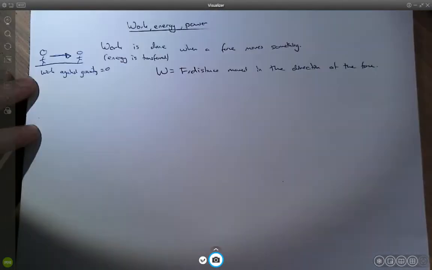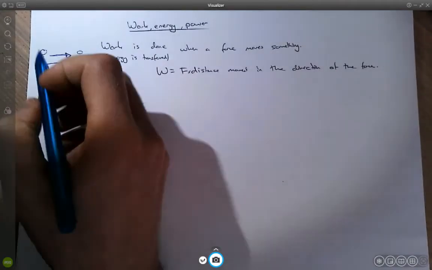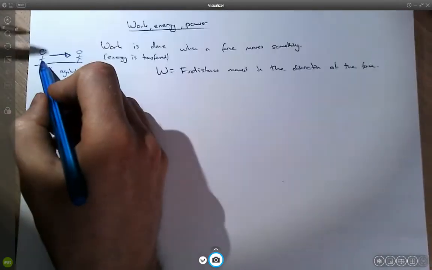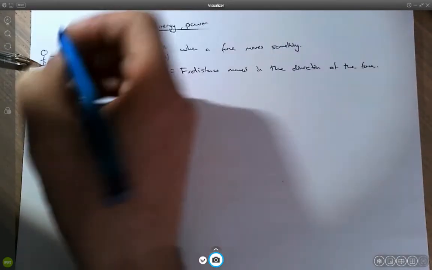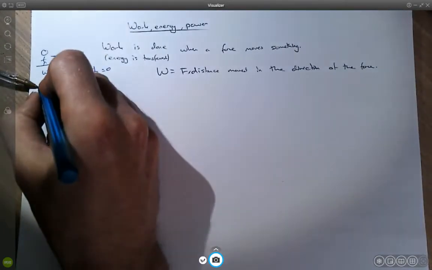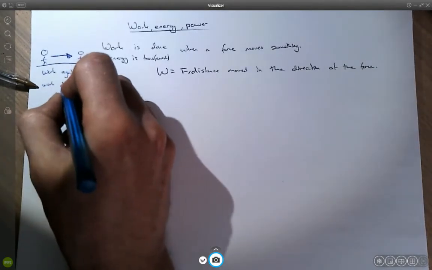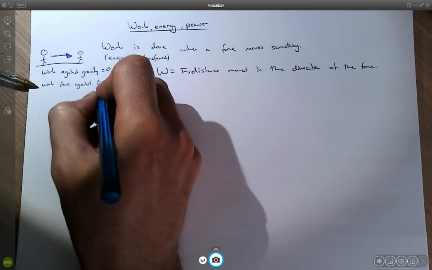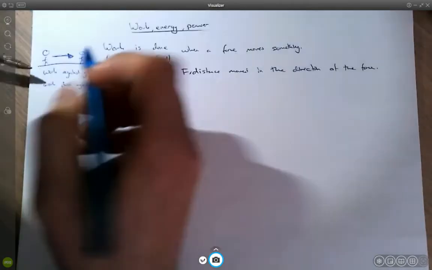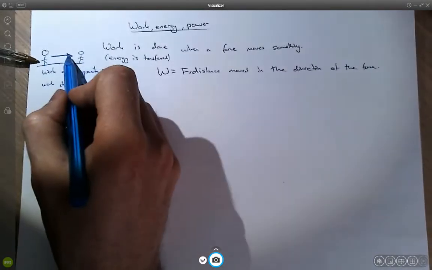They haven't done any, so the work against gravity is 0. But they have obviously done work because it has taken energy to move. So what might you describe this as? Well, you might say work done against friction, for example, to work out how much energy it's taken to move or what force you need.